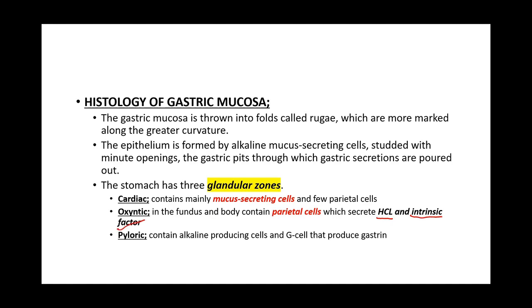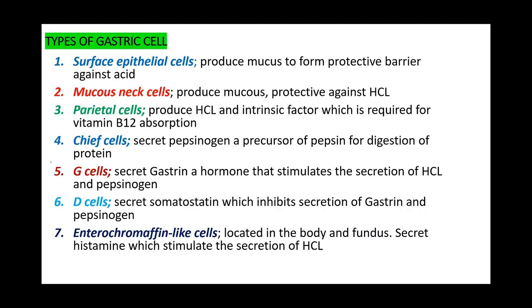You should know the parietal cells secrete HCl and intrinsic factor. Then the glands in the pyloric region contain alkali producing cells and the G cells that produce gastrin. Gastrin, okay, is a hormone that stimulates the parietal cells to produce acid. We are going to see the physiology shortly.